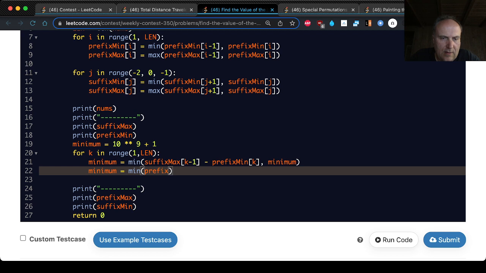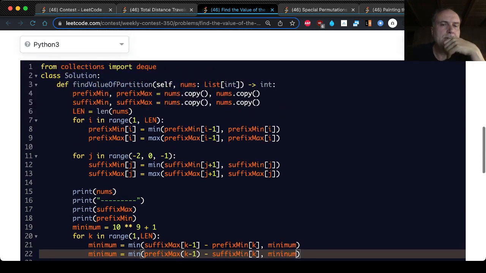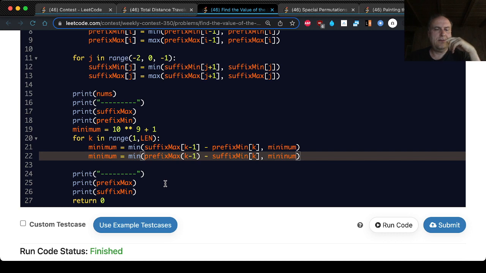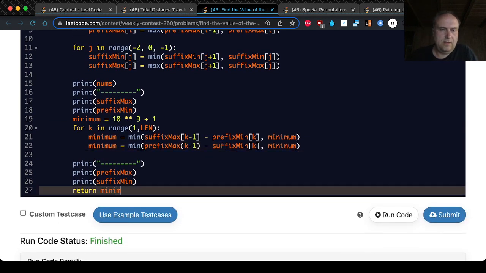So it's going to be prefix max k minus 1 minus suffix min k min. Okay, so minimum. I don't know.